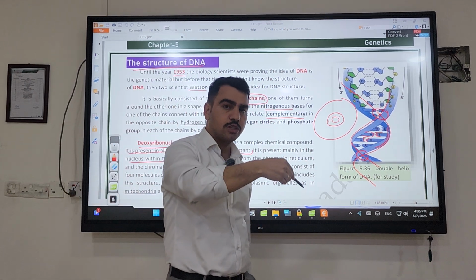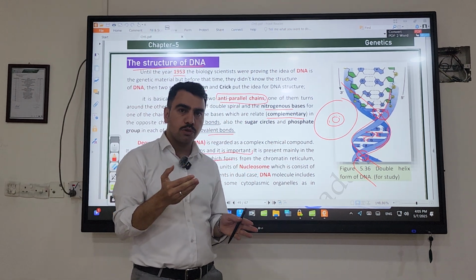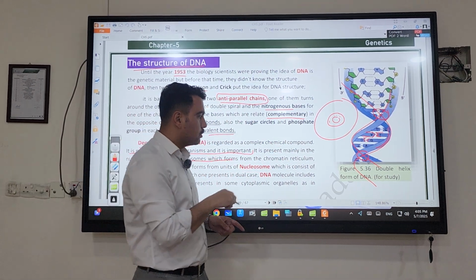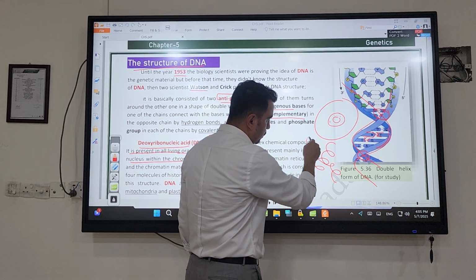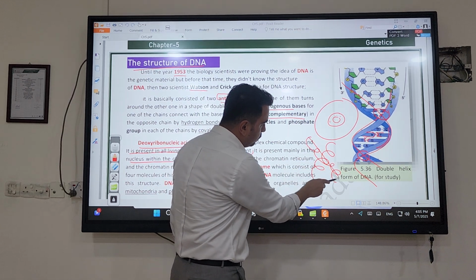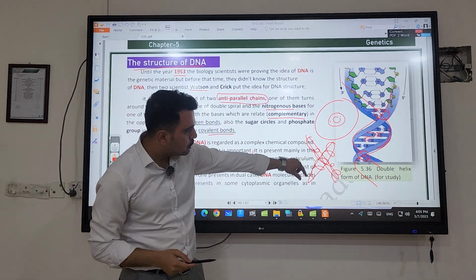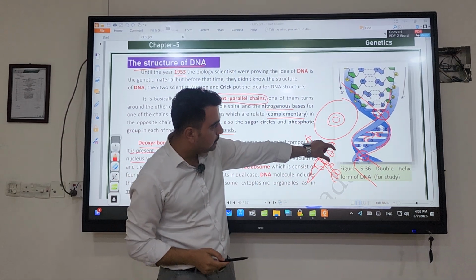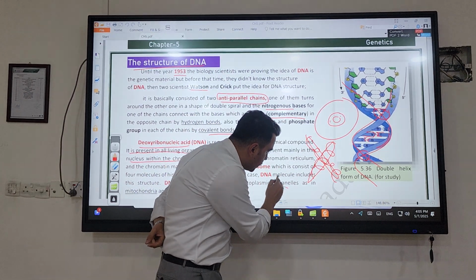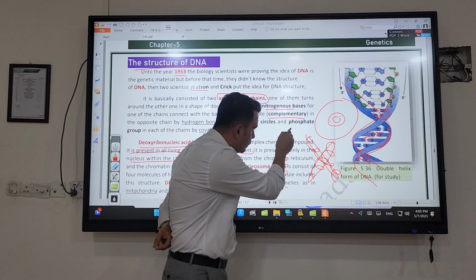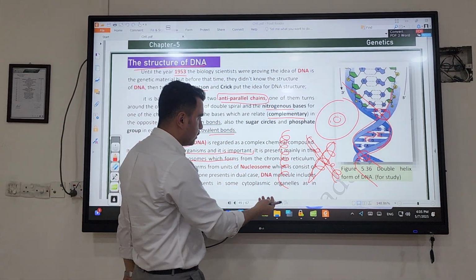Inside the chromatin network we have chromosomes, made up of two sister chromatids, and each has a DNA strand located on the chromosome.